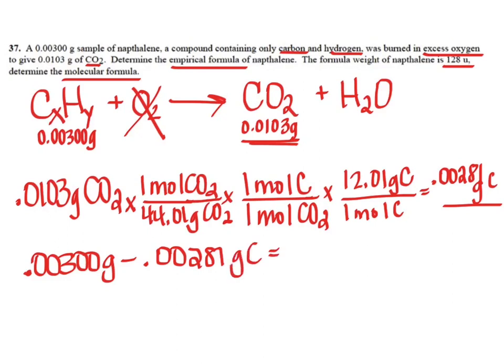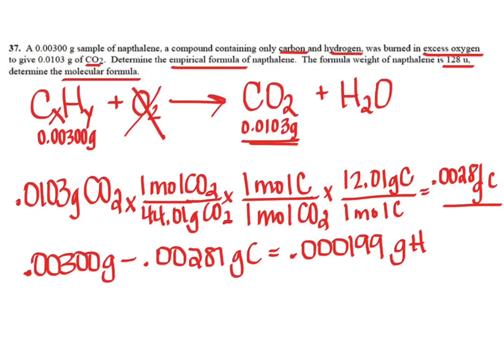And that tells me that I have 0.00019. Is that right? My calculator put 1.9 e to the negative 4. That would be right? Okay. Grams of hydrogen. All right, I know how many grams of hydrogen I have. I know how many grams of carbon I have.